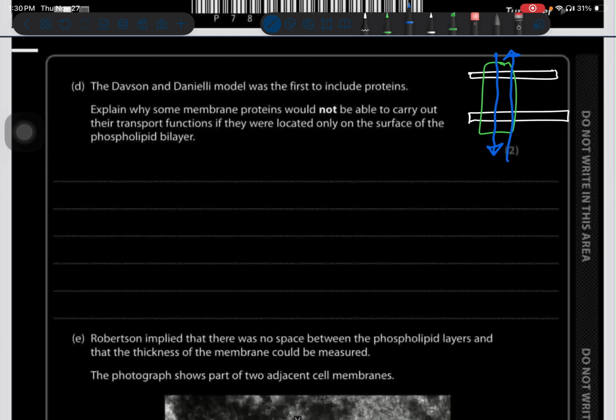The presence of the protein will prevent the need for the solute to be non-polar because the solute does not have to interact with the lipids in that case. Let's write it down. We'll write channel proteins and protein pumps.